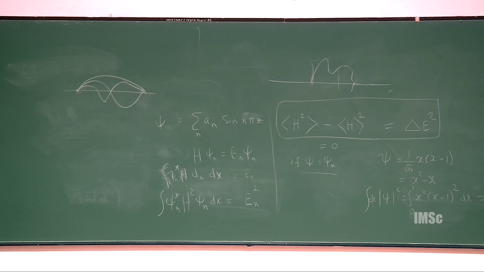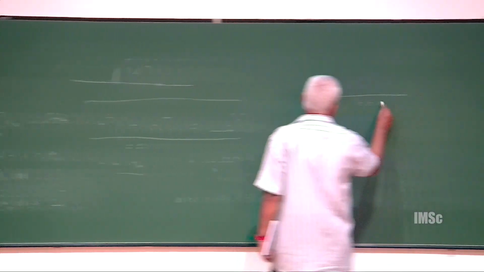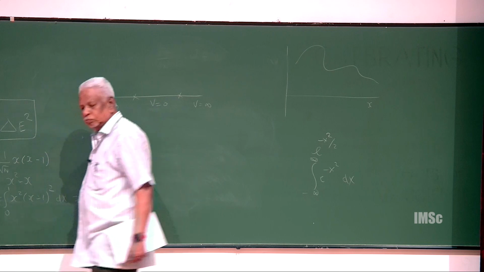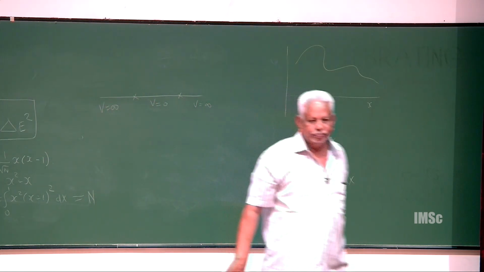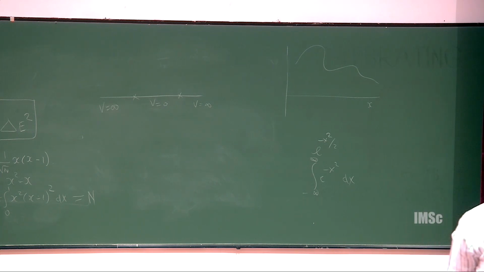Last 3 minutes I want to spend something about this again. This is my box, V is 0 inside and V is equal to infinity outside.